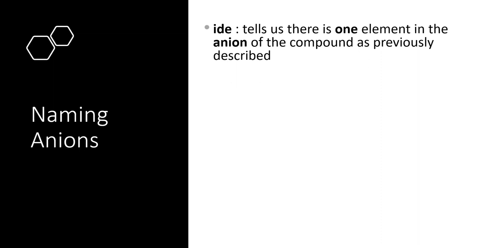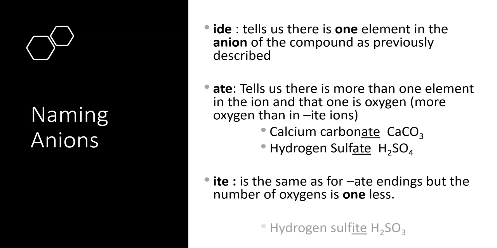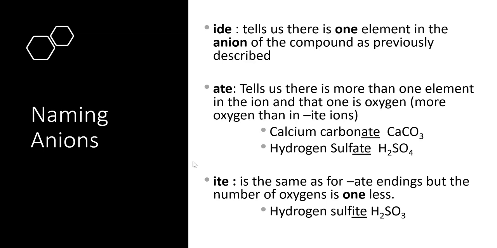So ides are the element alone. If we have "ide," it's one element alone. If we've got "ate," this tells us that there's more than one element in the ion, and that one element will always be oxygen. So if it's ide, it's only one element. Sulfide is just sulfur. If it's got ate, we know that it's got oxygen in it, so carbonate. Now, anything with ates has more oxygen than ites.